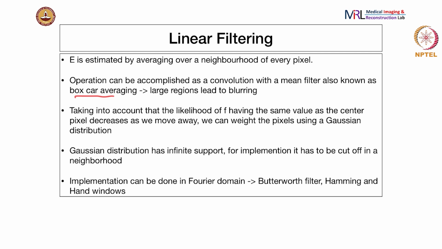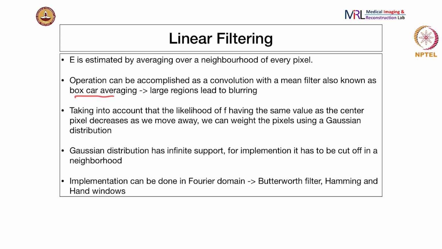We can also take into account that the likelihood of the image F having the same value as the center pixel decreases as we move away from the center pixel. So we can weight the pixels using a Gaussian distribution as a function of distance.